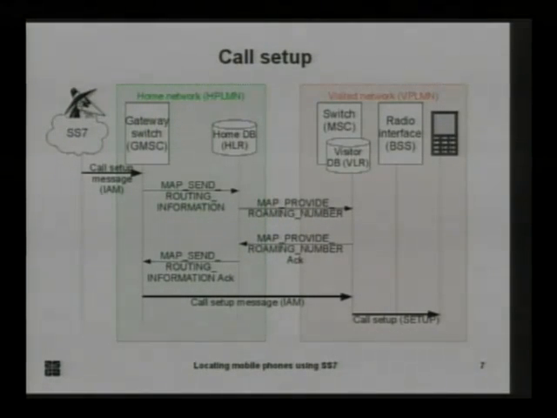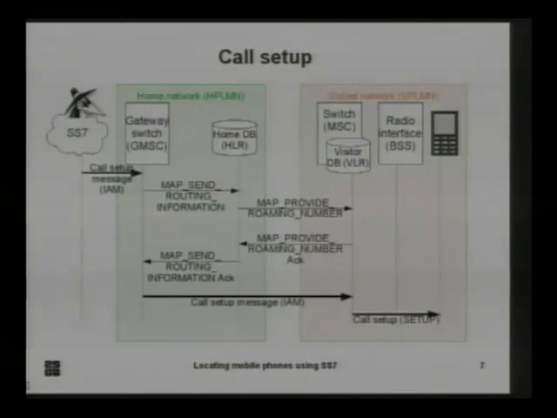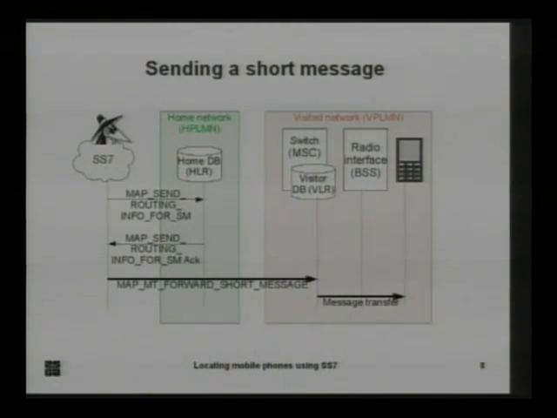So let's look at short messages then. As you can see, short message is pretty different. With call setup you have the send routing information that's sent by the gateway switch to the home database and then back. And when you send a short message, the spy in the SS7 network, or just another network operator who wants to deliver a short message to your phone, in the normal case directly sends a request for routing information for that short message to your home database.